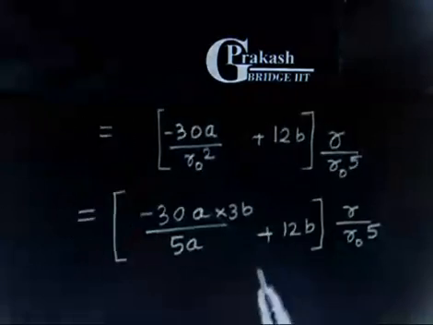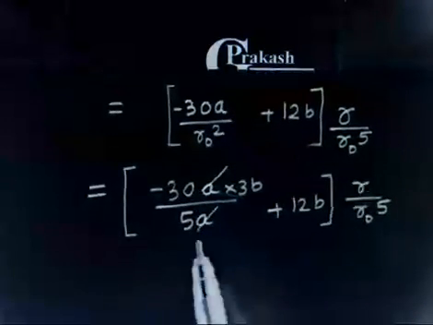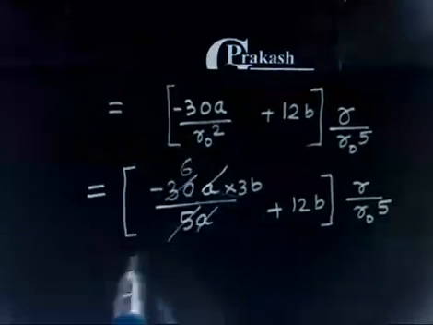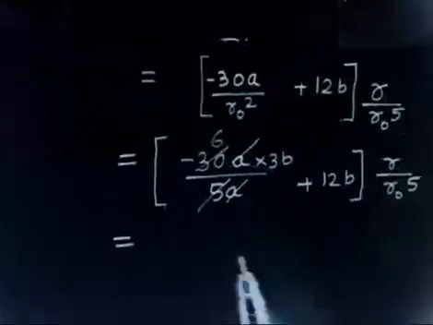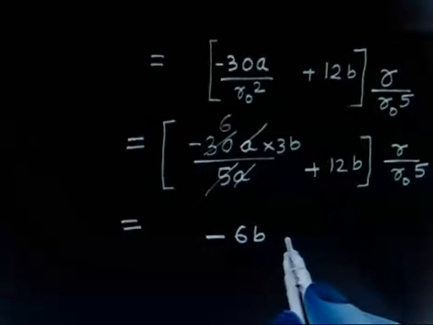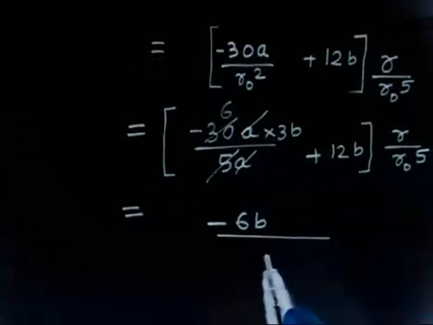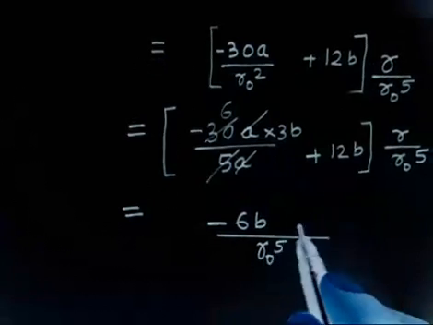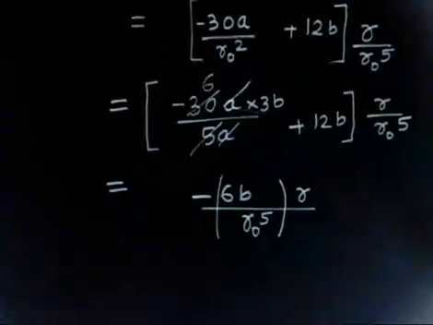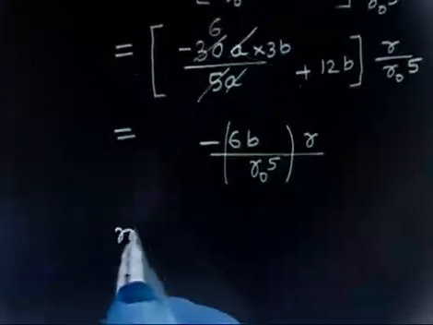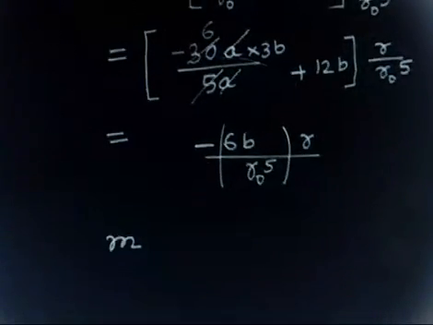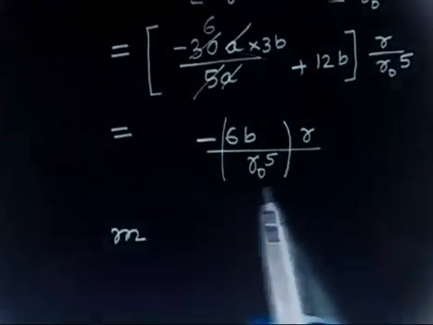So a cancels, and 30 over 5 is 6, so 6 into 3b is minus 18b plus 12b, so minus 6b r by r naught to the power 5. Now I can say force is equal to mass into acceleration. So mass of 1 is m, and times acceleration, this is the force acting on any of the particles.